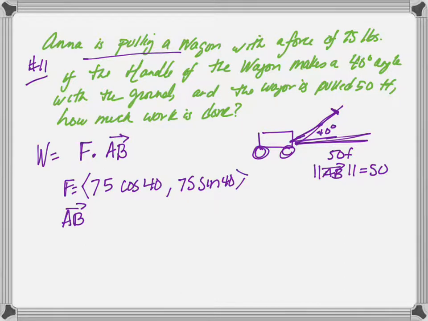So that would be 50 on the X and 0 on the Y. Because it has that 0, it makes it so much easier.